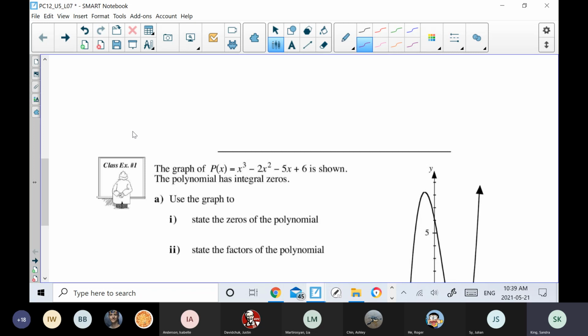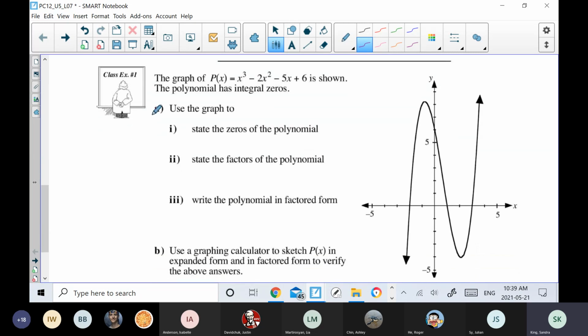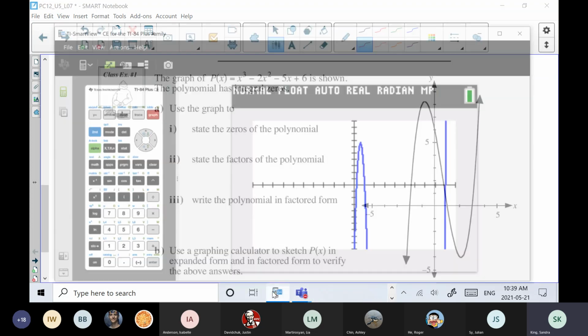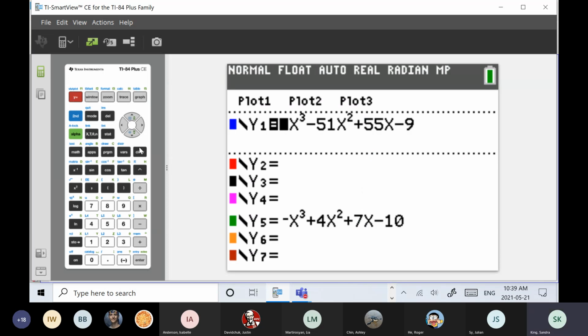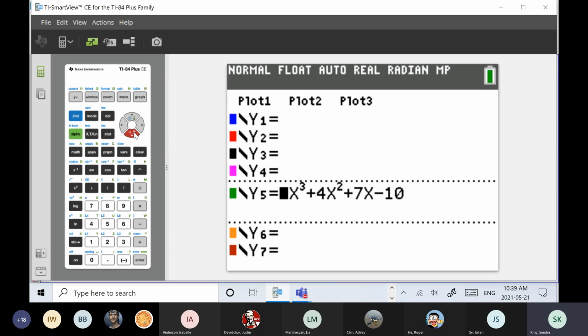Let's now go to that very first class example. If you have your calculators, you could enter this into your calculator. So what I'm going to do is I'm just going to get rid of this guy. And I have it entered down here. So I'm going to select that guy.